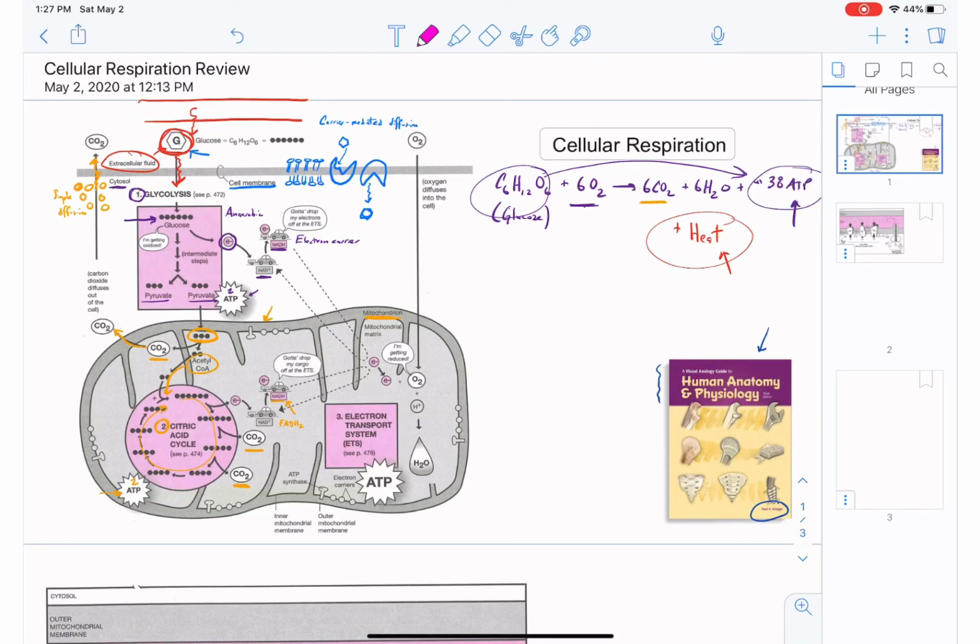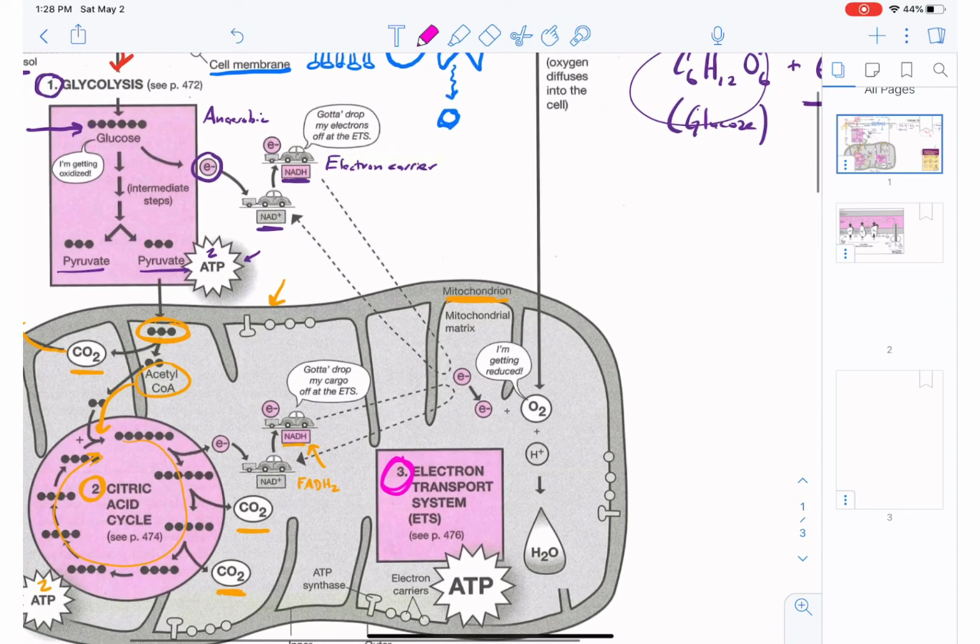And now we're going to move on to the third and final step of cellular respiration, which is the electron transport system. And what's going to happen with the electron transport system is those electron carriers that we produced in previous steps are going to make their way to the membrane of the mitochondria.